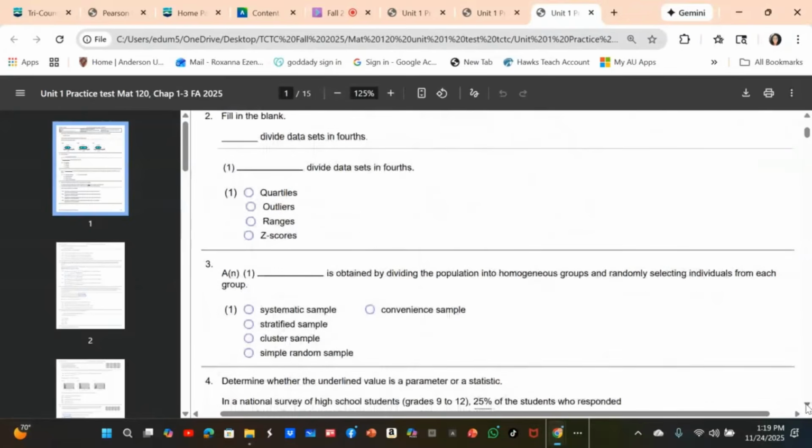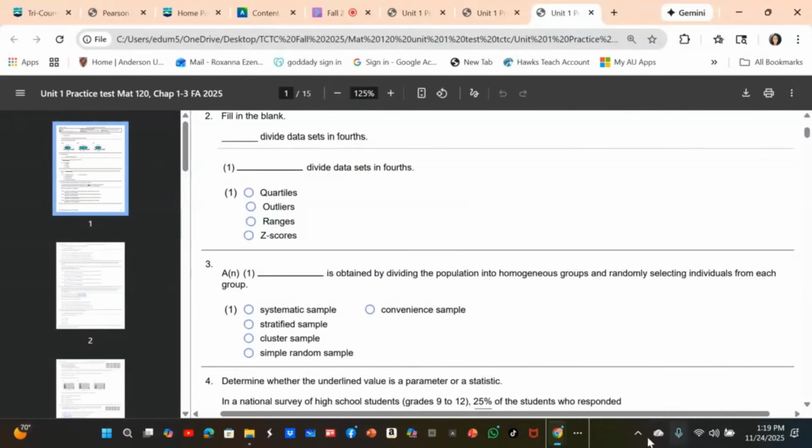Okay, number 2 says fill in the blank. Blank divides data into fourths. What is that? Is it the quartiles? Is it the outlier? Is it the range? Is it the z-score?